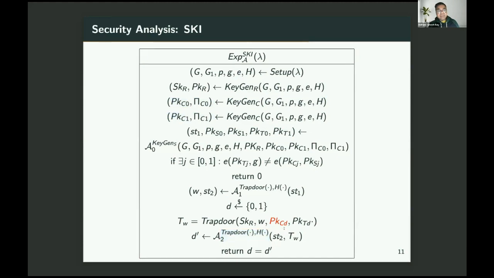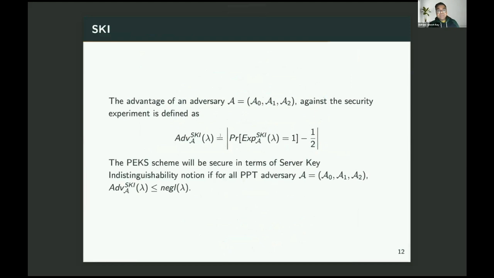But despite that, the adversary will not be in a position to distinguish and correctly tell whether D is actually 0 or 1. So the advantage is negligible. That is the formal definition of SKI.